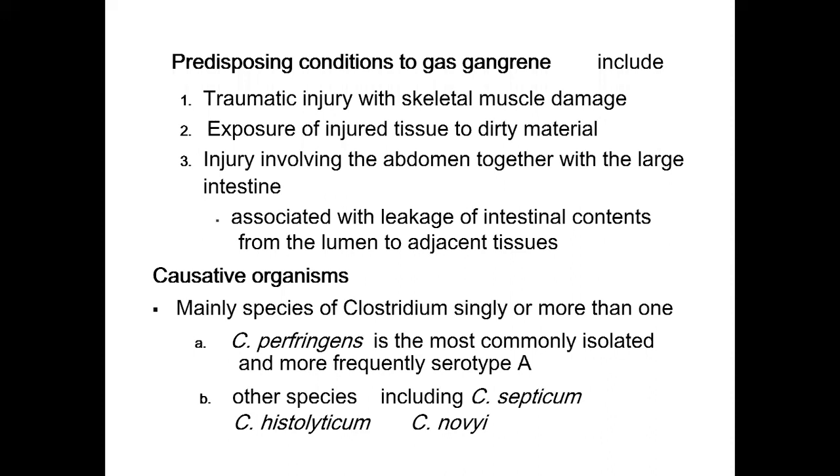If there are multiple, then you get all of them involved. If it's one, it will be one organism. And if there are other organisms, they might also have a role to play. But more commonly, we have Clostridium perfringens, the most commonly isolated causative agent, and more frequently seed type A. Then there are many other species of Clostridium which are capable of causing gas gangrene.